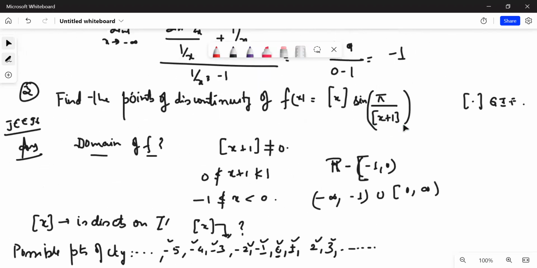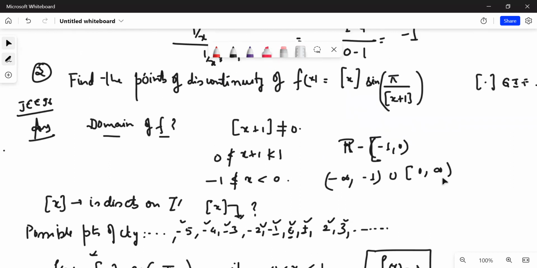The first thing is I want to see from here what would be the domain of the function. So from here I can clearly see that the only domain that I can think of is from -infinity to -1 union 0 to infinity. One thing is clear. But also understand the question was about the points of discontinuity. So I understand that my greatest integer x is discontinuous at all these points, right? So this I have written.